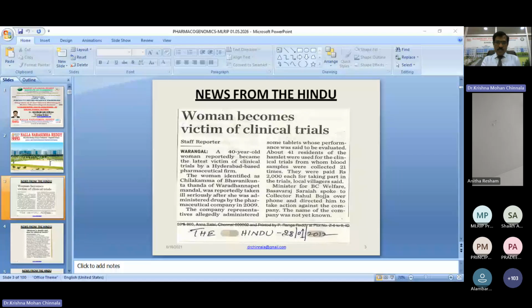Okay, can anyone please confirm whether the slide is changed? Sir, now the slide is showing the news from The Hindu slide. Third slide. You are in the third slide. Okay, right. So here, please check whether the fourth one is changed. No, sir.